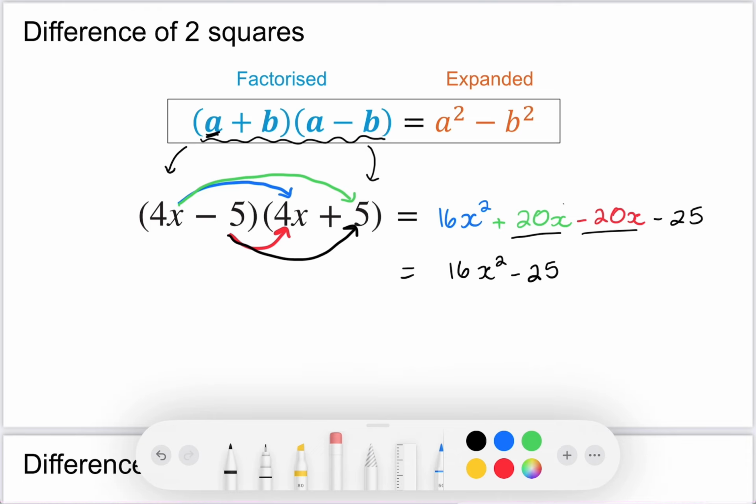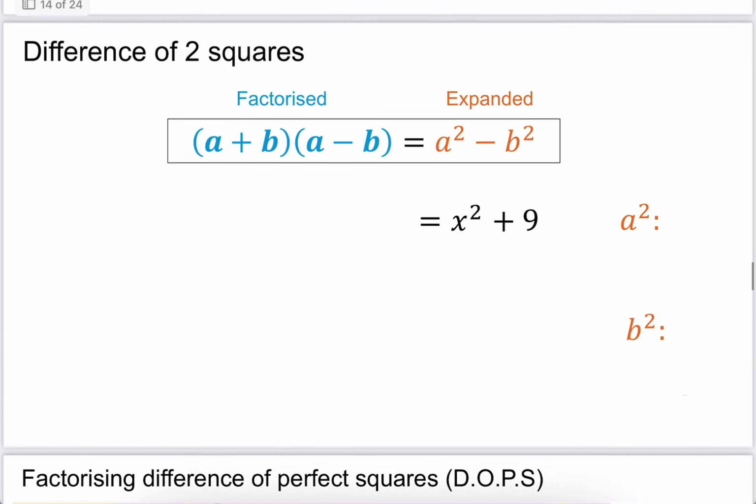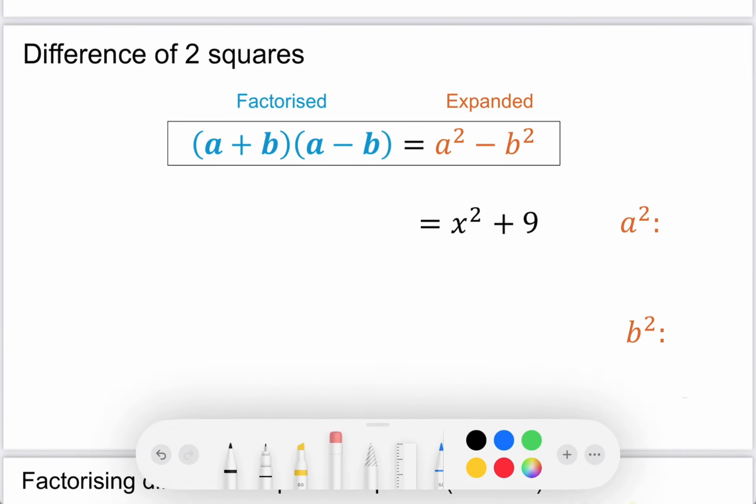Let's have a look at how we can apply this law to help us factorize. Okay. So here I've got a sum. It should say x squared minus 9. So let's just fix that up. There we go.